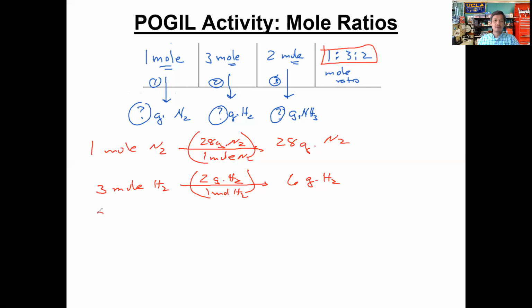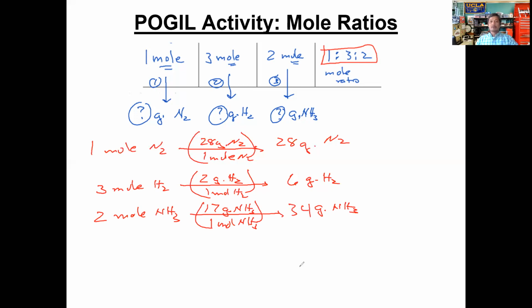We have 2 moles of NH3. Okay, we want to find the mass of NH3. And so with that said, then let's go ahead and plug in the molar mass of 1 ammonia, which is 17 grams of ammonia for every 1 mole of ammonia. Okay, and so we end up here with 34 grams of ammonia.